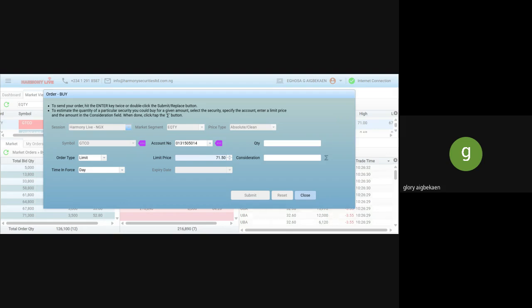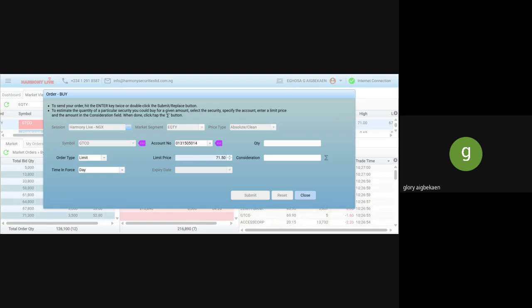You see that GTB sold for 71 naira 50 kobo. That was the market price at which it closed on Friday. So this price now, you can change to the price you want to buy.